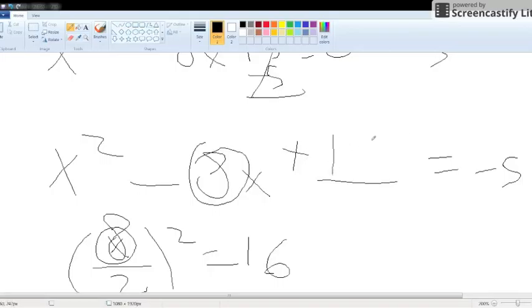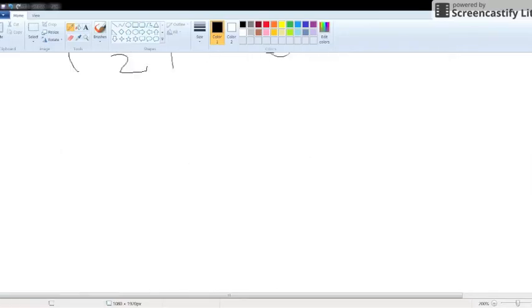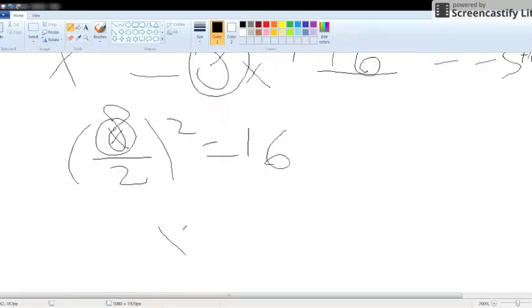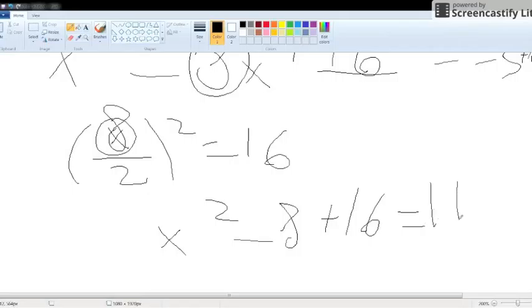So when you add 16 here, you add 16 over here too. This gives you x squared minus 8x plus 16 equals 11.